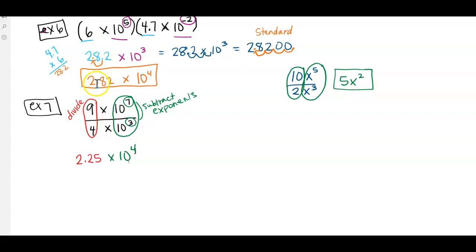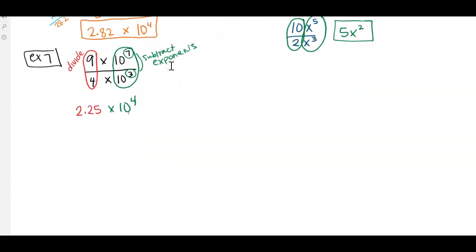I had to move that one place over so that it was. But this is good, just the way it is. So that would be my answer. So on the exponents, you always subtract the top from the bottom? Yes, it's always the top minus the bottom.